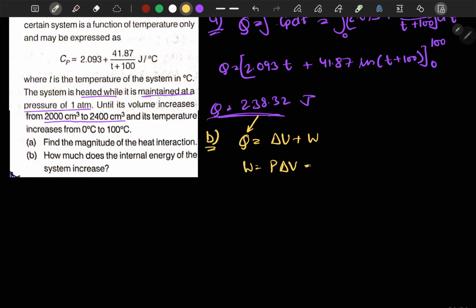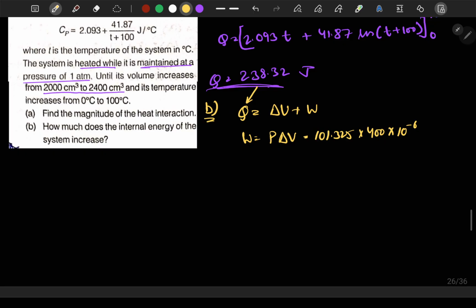Now we will apply 1 atmosphere is equal to 101.325 kilopascal, into delta V is equal to 400 centimeter cube. 400 centimeter cube can be written as 400 times 10 to the minus 6 meter cube, okay. So this term will be in kilojoule. Now let me calculate the value.